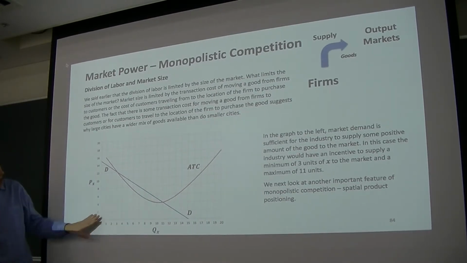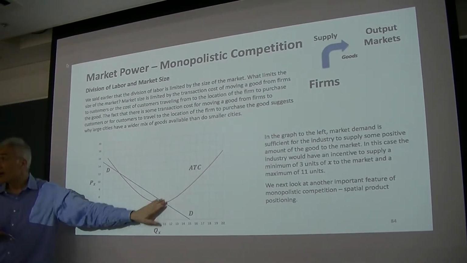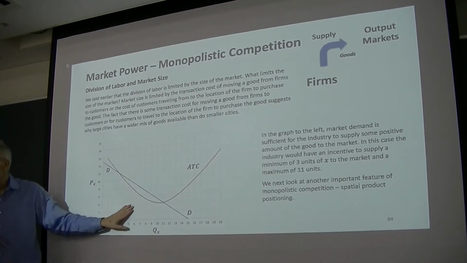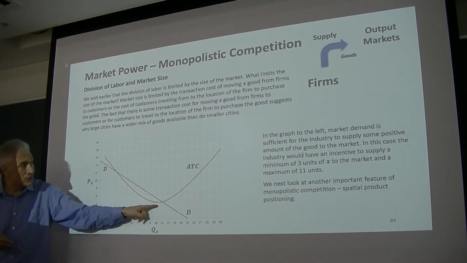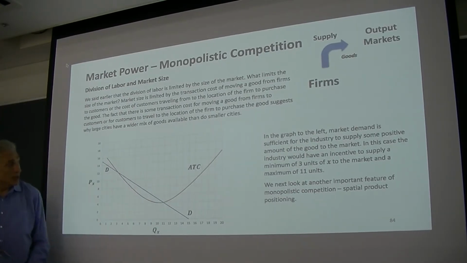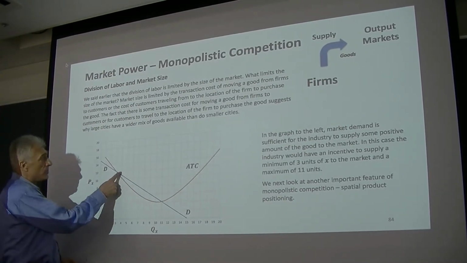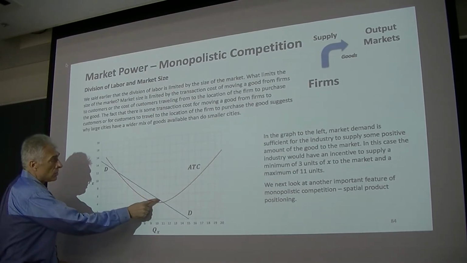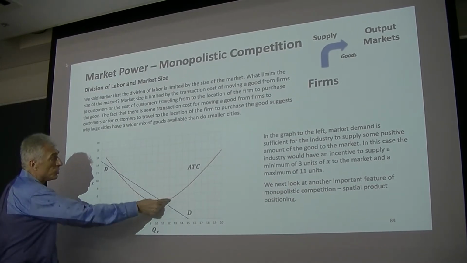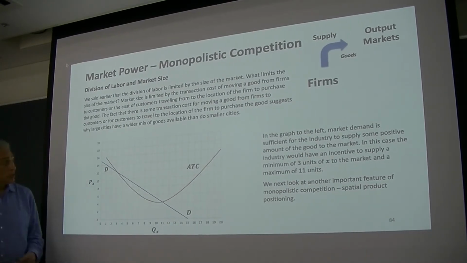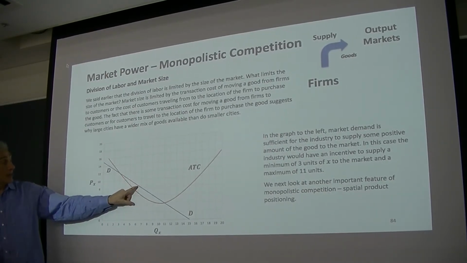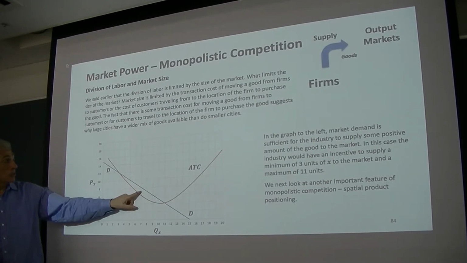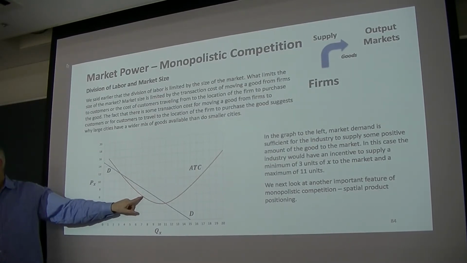In that case, the demand curve is shifted far enough to the right so that it intersects. Here the average total cost curve is below the demand curve, which means this is a profit. That's the price the market's willing to pay. This is the cost. That's profit.